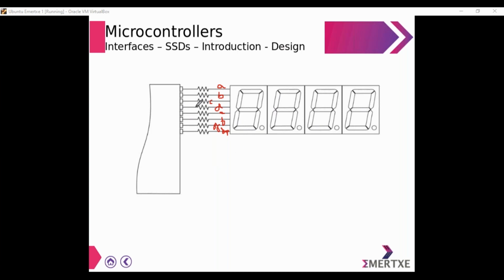Now think and answer. Assume I have a common cathode configuration. To turn on the LED, what should I provide in common cathode? I have to provide a 1. Assume I provide a 1 here. Which SSD's A segment is going to get turned on?